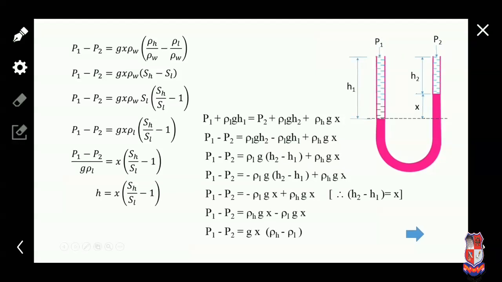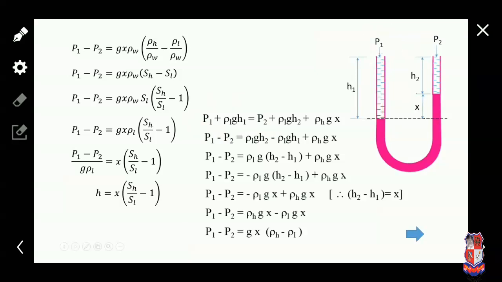Okay, now we consider the datum plane as shown in the figure, and equate the pressure above the datum line on the left side and right side of the limb. On the left side of the limb, the pressure is the stagnation pressure P1, plus the pressure due to the column height of liquid, ρ1 g H1.